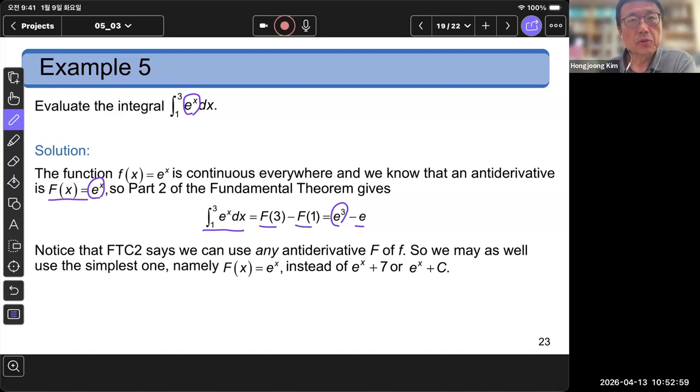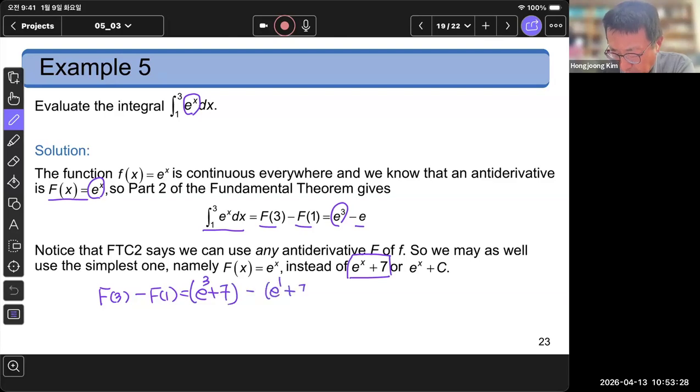Of course, if you want, you may consider any other antiderivative, like e to the x plus 7. Then F of 3 minus F of 1 will be e to the 3 plus 7 minus e to the 1 plus 7, and since this 7 can be easily cancelled, we get e to the 3 minus e to the 1.